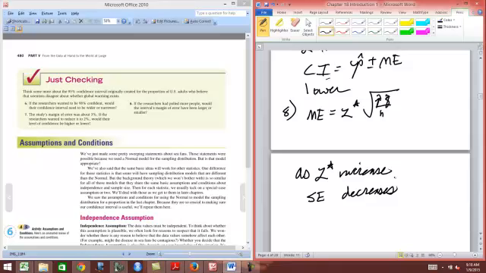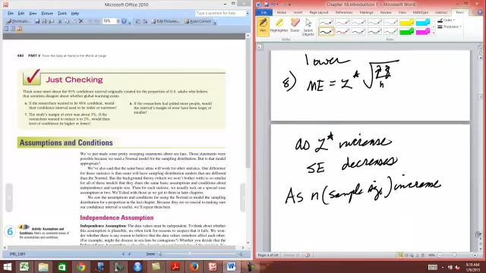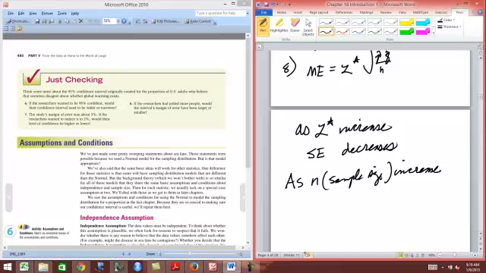Now, as n, that's the sample size, increases, standard error decreases. As standard error decreases, margin of error decreases.